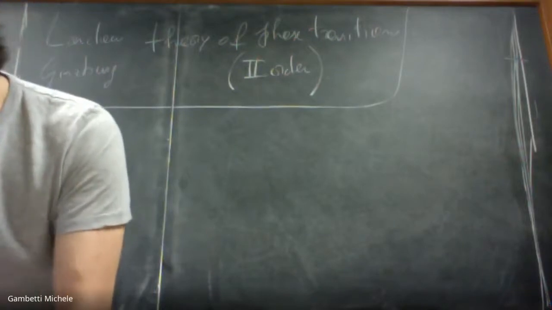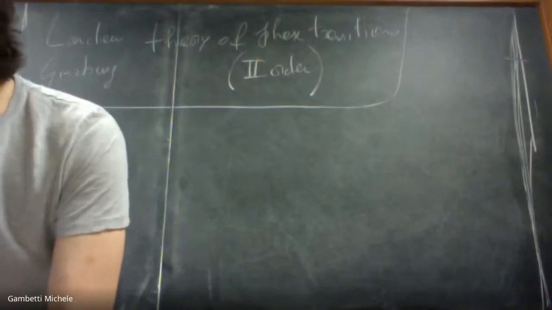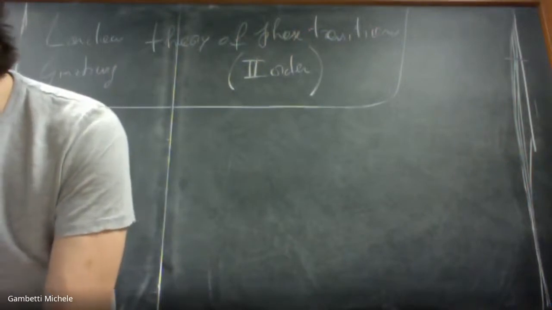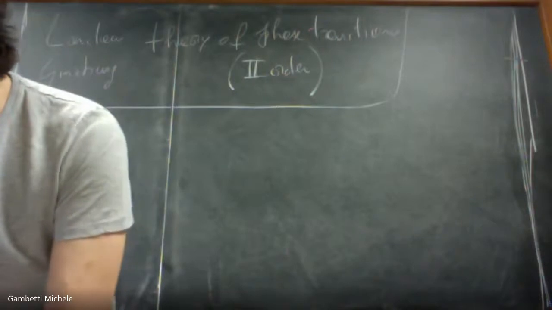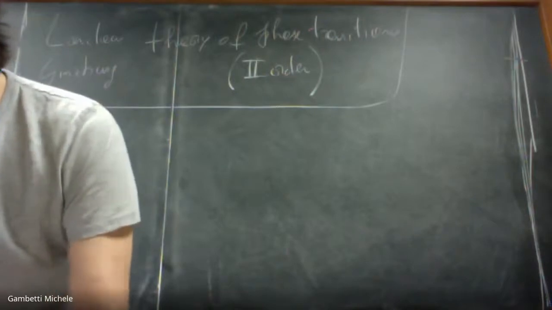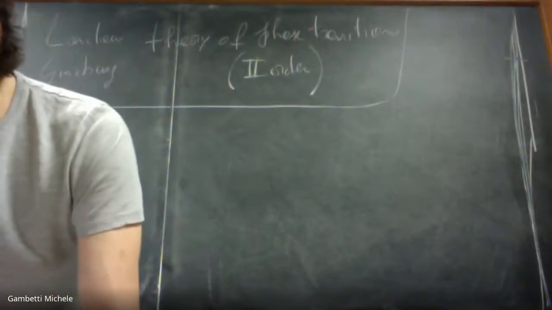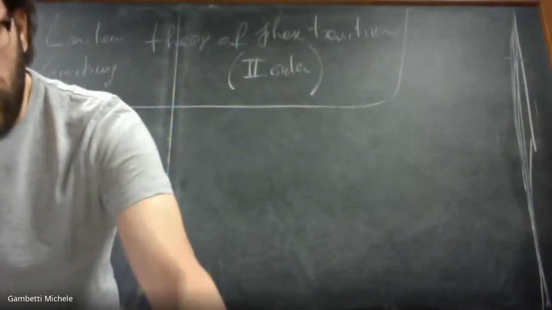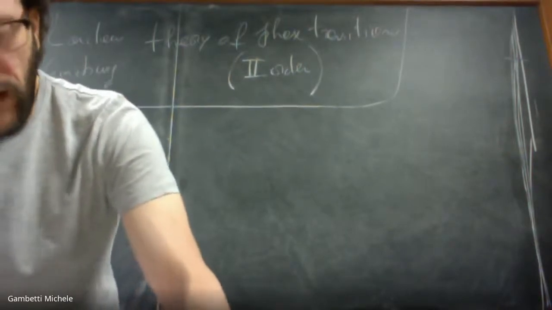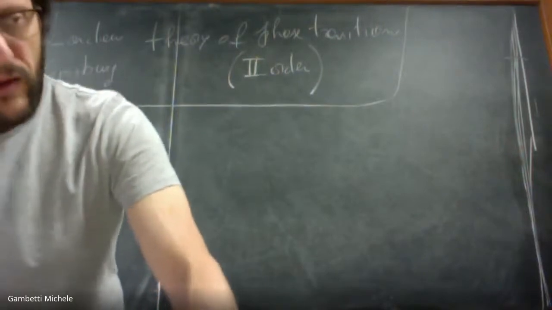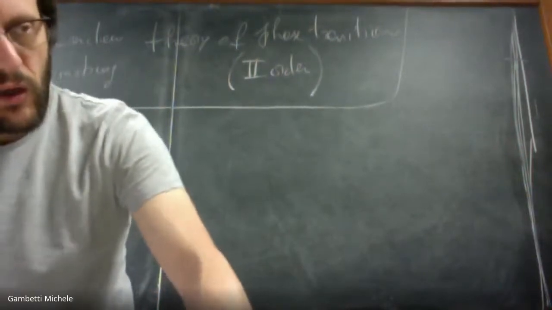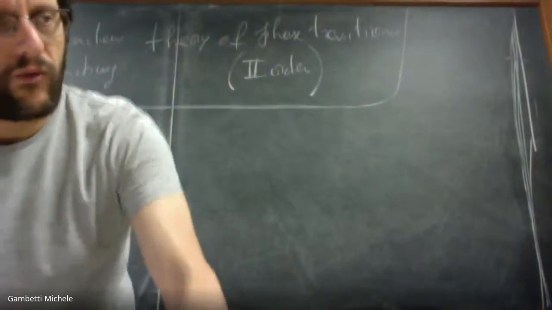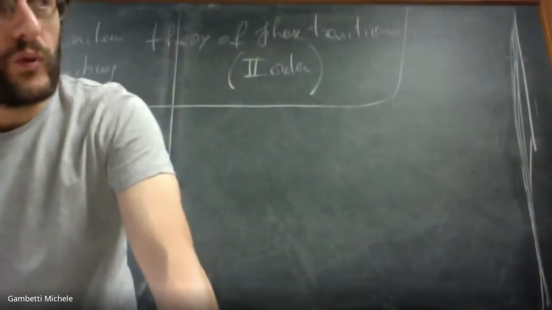And to introduce, at least just to mention them, the two other critical exponents that are present in the theory of critical phenomena. So this is a phenomenological model that starts from the empirical fact that different systems behave close to the critical point in a very similar way, at least from the qualitative point of view.